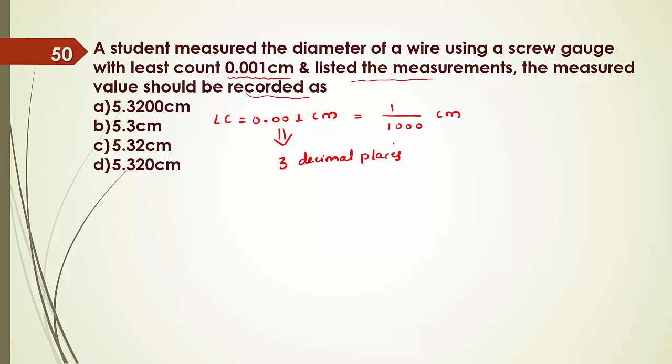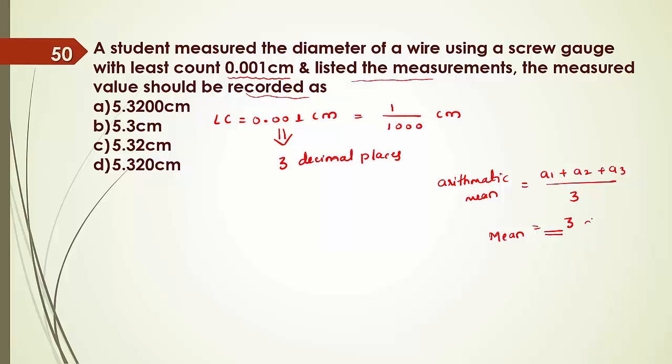For example, they can take 3 trials. So we know the arithmetic mean is the sum of all the trials, for example A1 plus A2 plus A3 divided by 3. After calculating the mean value, the final result should contain how many digits after the point?